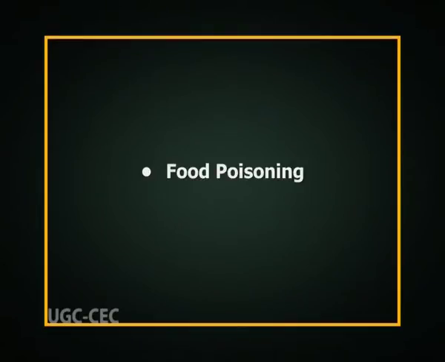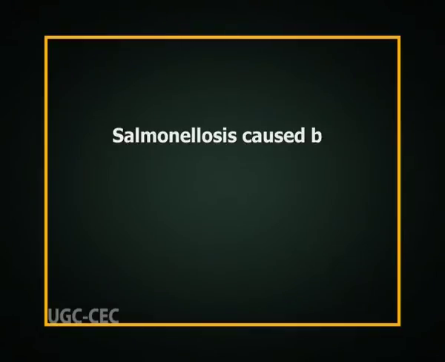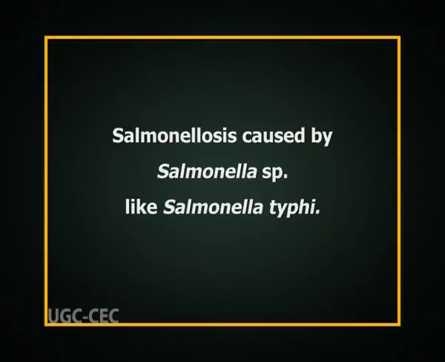Food poisoning is also caused by the ingestion of live organisms. The organisms grow in the gastrointestinal tract to produce the disease. Most microbial food poisoning falls in this category. For example, salmonellosis is caused by Salmonella species like Salmonella typhi.